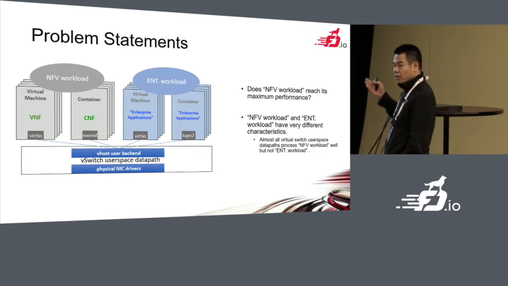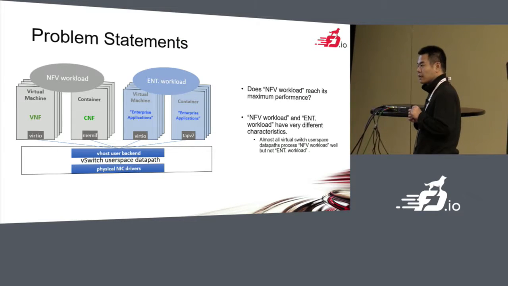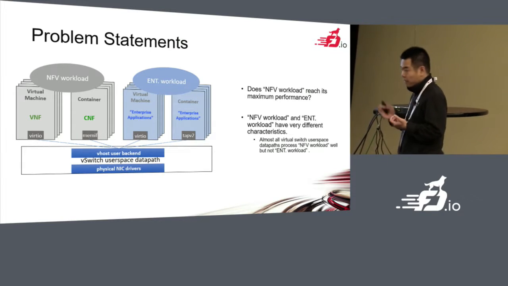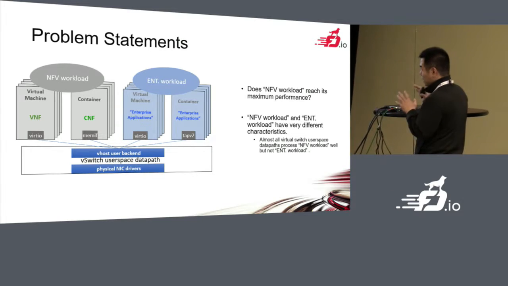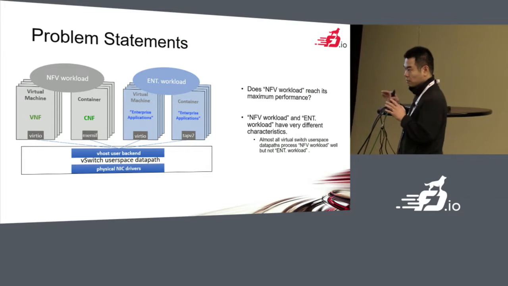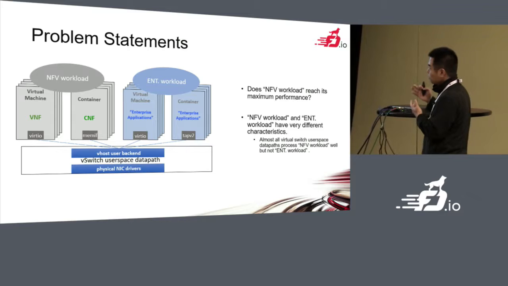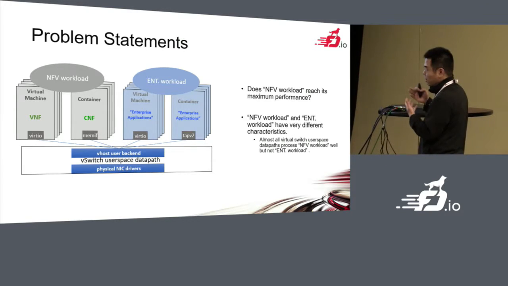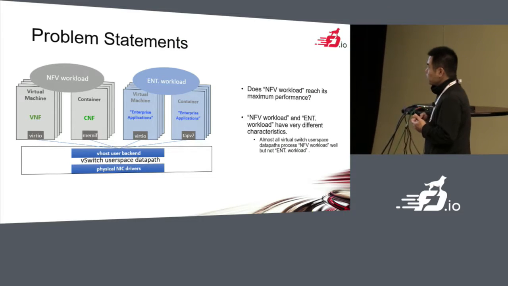For now, we know the two dominant high performance virtual switches are OVS DPDK and VPP, but neither of them handles enterprise workload well. So from those two questions, we did our experiments to show how we can improve both NFV workload and enterprise workload further.